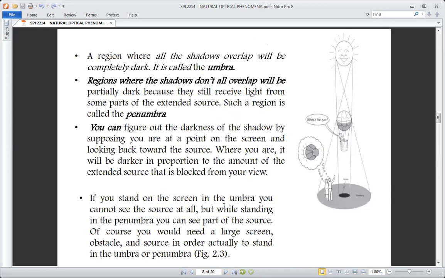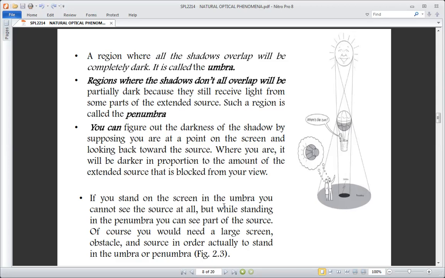So the central part, which is dark, is referred to as the umbra. And the regions where the shadows don't overlap will be partially dark, that means they appear grayish. They will receive light from some parts of the extended source, but not other parts.